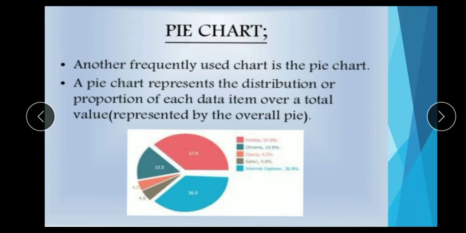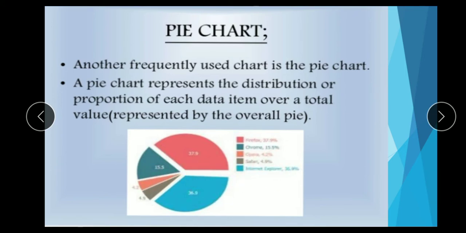Pie chart. Another frequently used chart is the pie chart. A pie chart represents the distribution or proportion of each data item over a total value. Means through the pie chart you can easily distribute any items, like here.